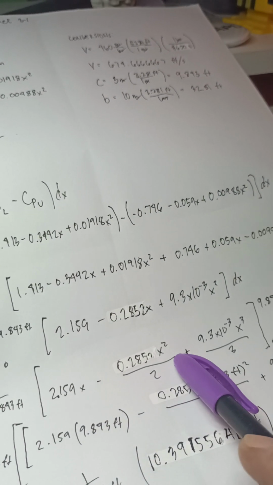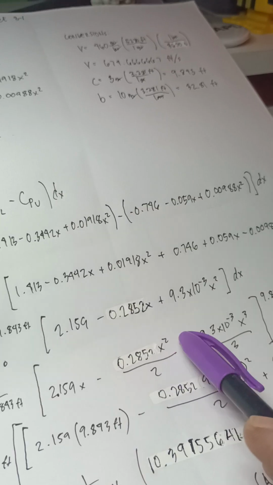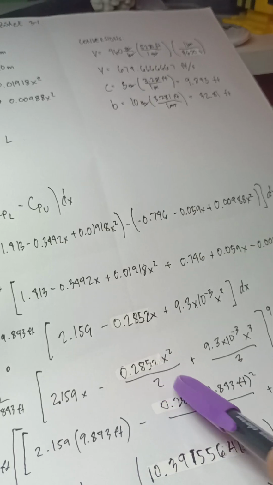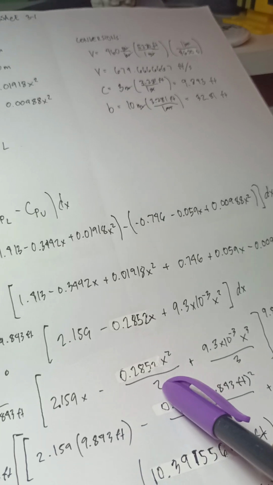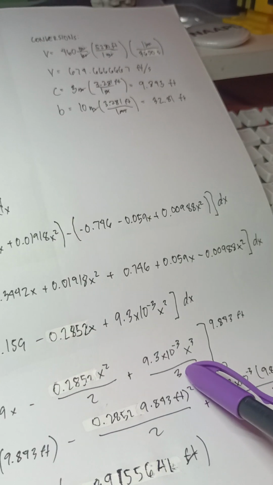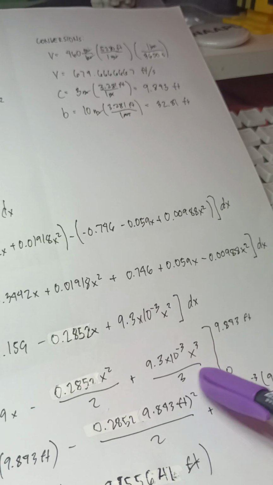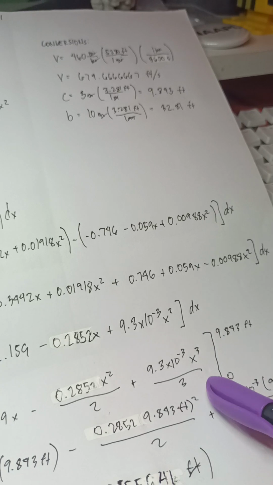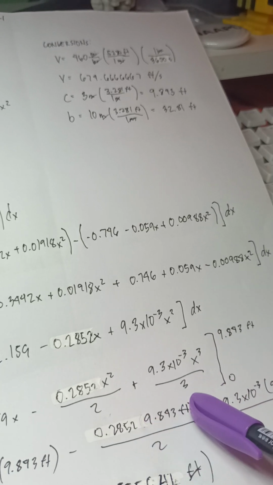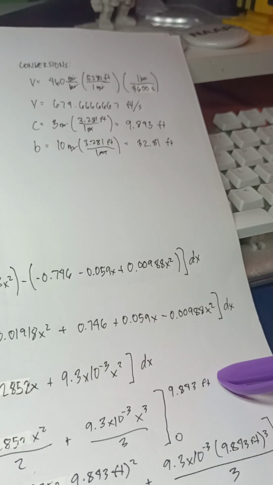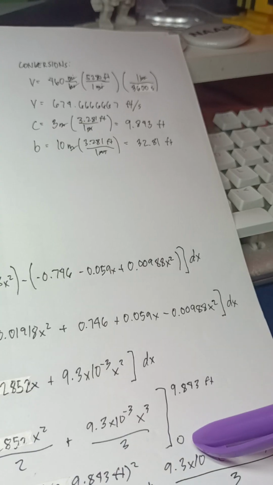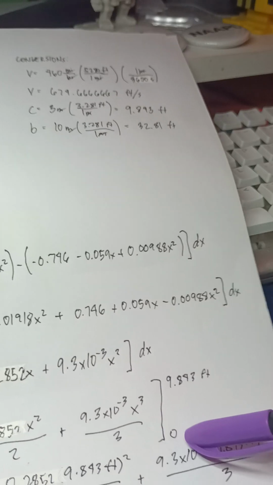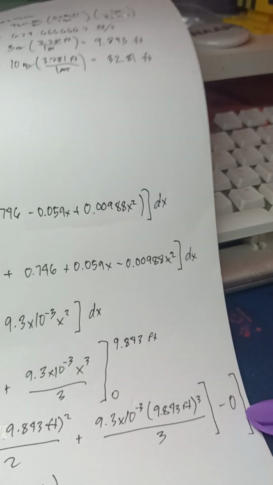For the x squared, we add 1 to the exponent and divide by the new exponent. Same with the third term: the x squared becomes x cubed, and we divide by 3. And then the same upper boundary, and then the lower. Since it is 0, the lower boundary is all 0 as well.